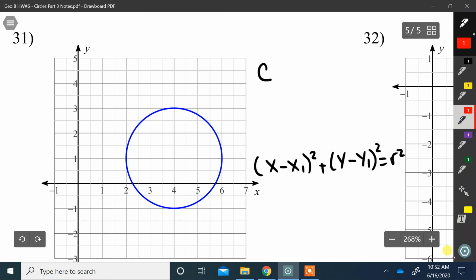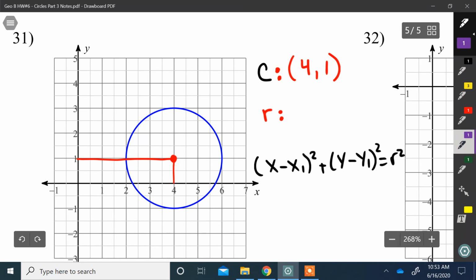It needs the center and it needs the radius, and we need to locate that. Well, take a look at this circle right here. Where is the center? The center is right there. What is that point? Well, it's 4 and 1.